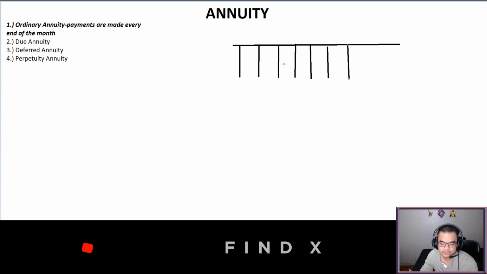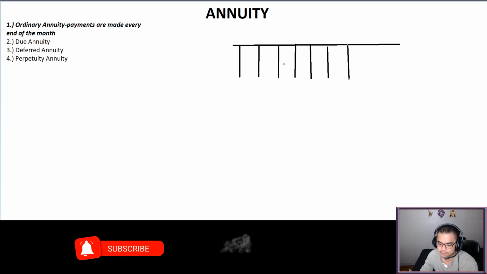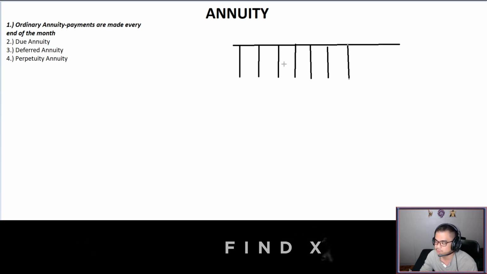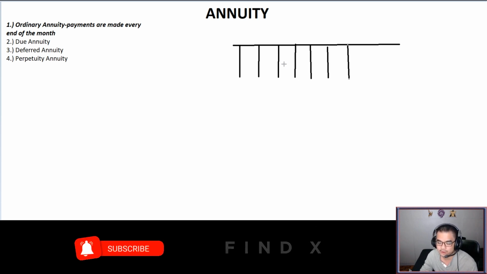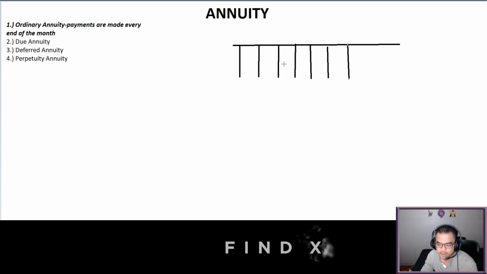But for annuity, you have to pay every month, or depending on the method of compounding. If the method of compounding is quarterly, you have to pay every quarter. If it is monthly, you have to pay every month.